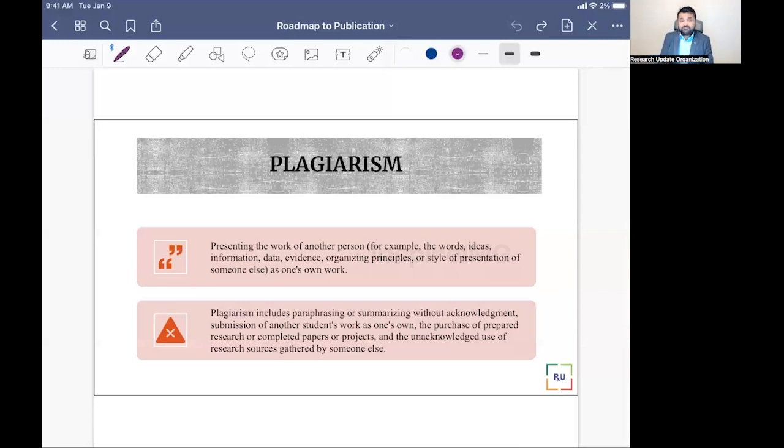Sometimes it's not about someone else but your own work; I call it self-plagiarism. You do research again and again and utilize concepts from your previously published project, which creates the issue of plagiarism. So make sure you identify those issues, acknowledge, give credit, or cite them in order to avoid plagiarism.